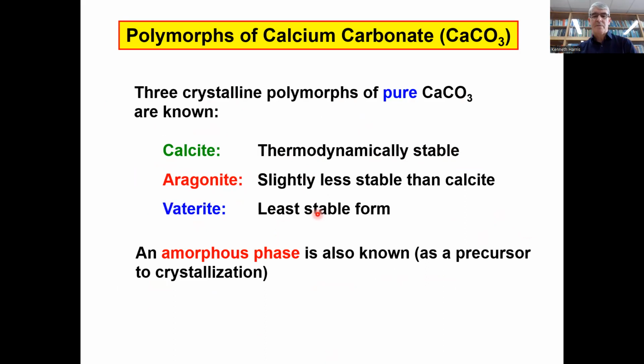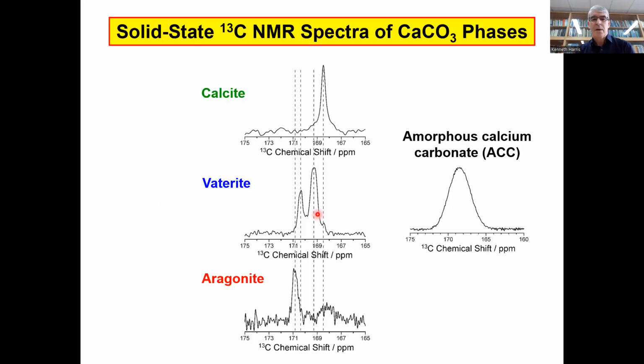And there's also an amorphous phase, which is known and also believed in many cases to be a precursor to crystallization. And again, there are clear differences in the carbon-13 chemical shifts for these 3 different crystalline polymorphs, allowing us to readily identify them and detect them in the in situ solid-state NMR experiments.